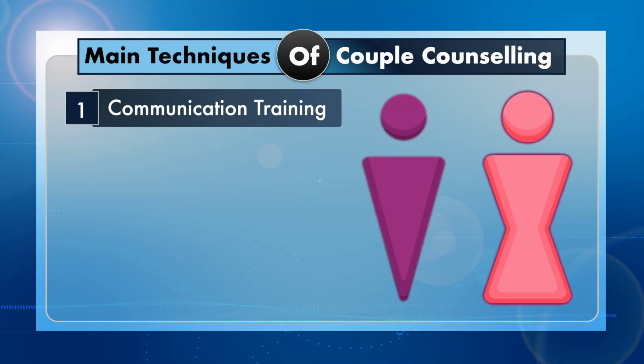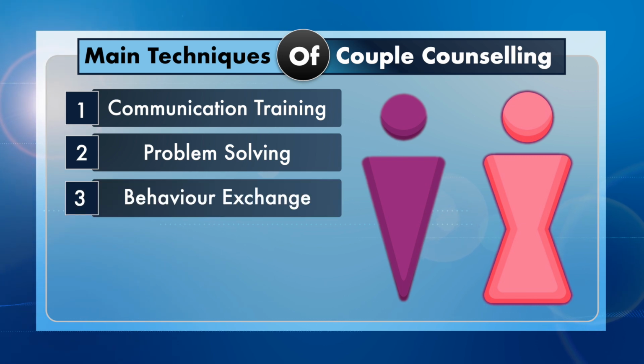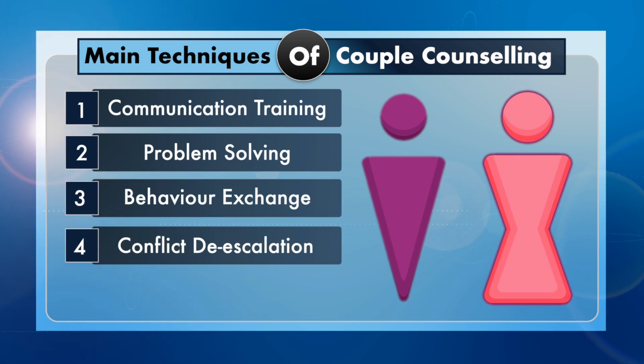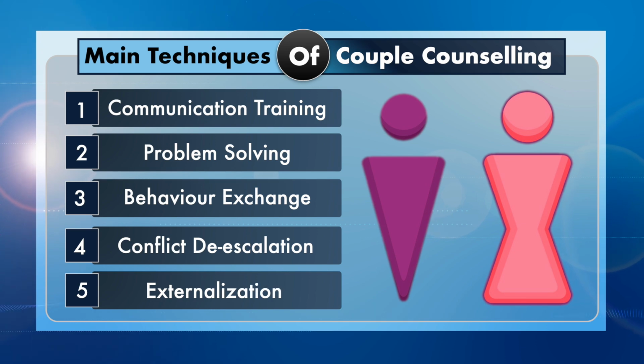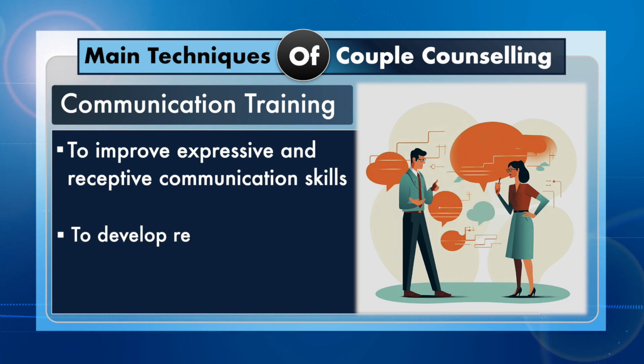In this session, we will be covering 5 main techniques of couple counseling: communication training, problem solving, behavior exchange, conflict de-escalation, and externalization. Let's understand the first one, which is the communication training. Now, in communication training, here what happens?